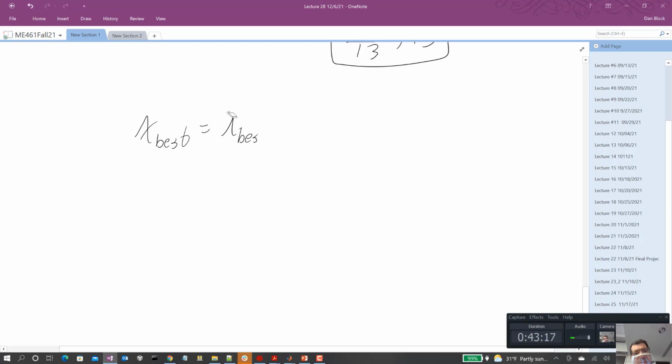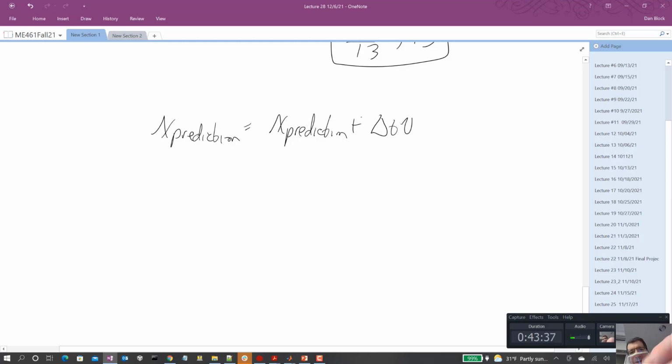Let's do this better. X prediction equals our old X prediction plus delta t times our velocity, and actually minus. So in other words, we're getting closer and closer to the wall for this little model. Remember, the robot can only move forward, and it's getting closer and closer to the wall. So that's our prediction step.